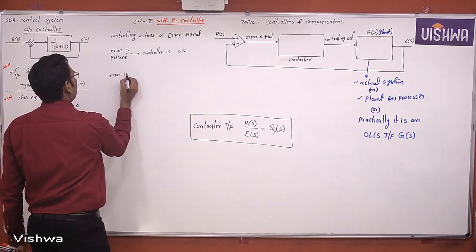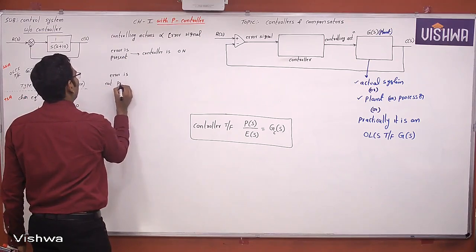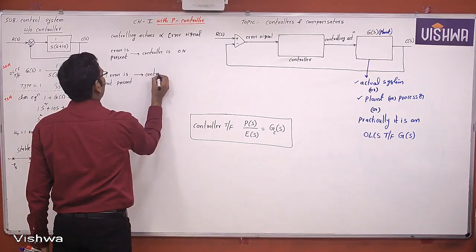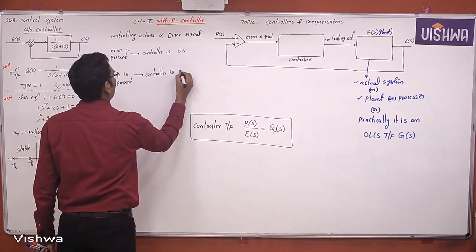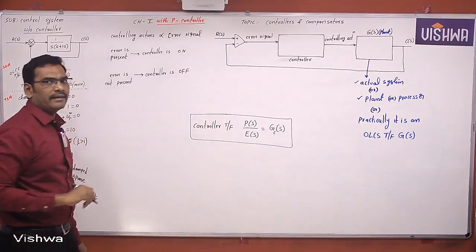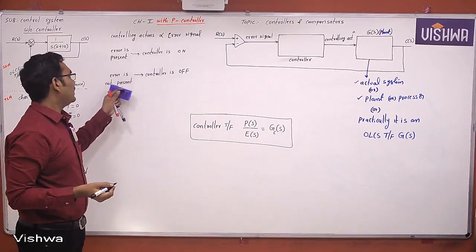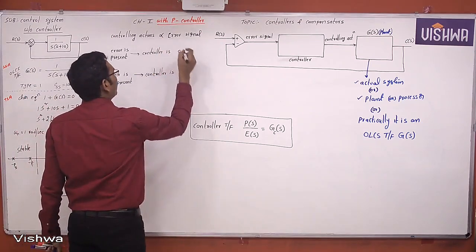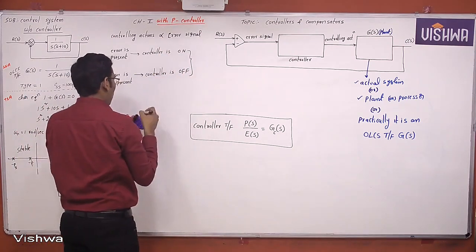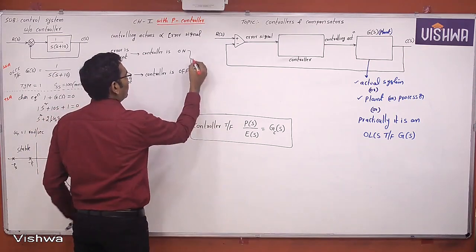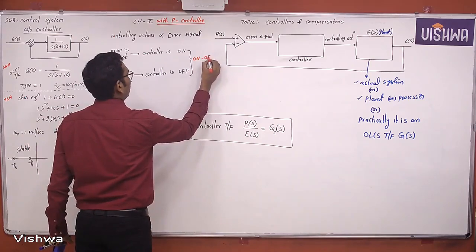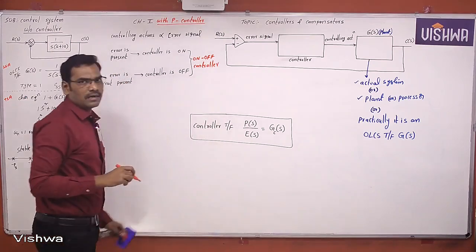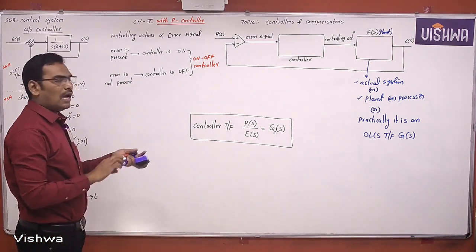When error is not present, the controller is in off position. Therefore, this P controller, the proportional controller, is also called an on-off controller. Understand now? The proportional controller is also named as on-off controller.